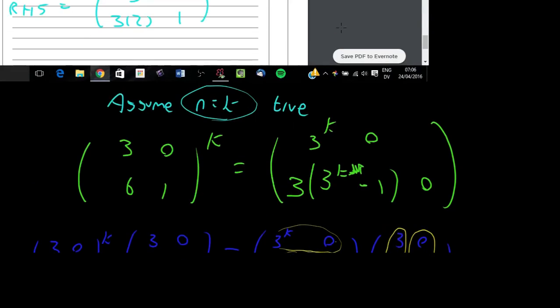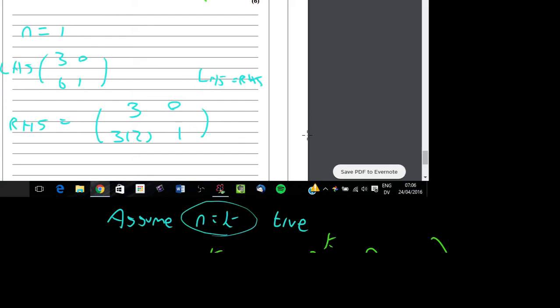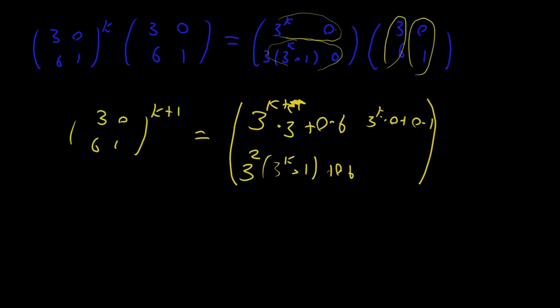Is that a 0? Nope, it's a 1. My bad. Plus 1 times 6. And the last bit is going to be 0 plus 1 times 1.